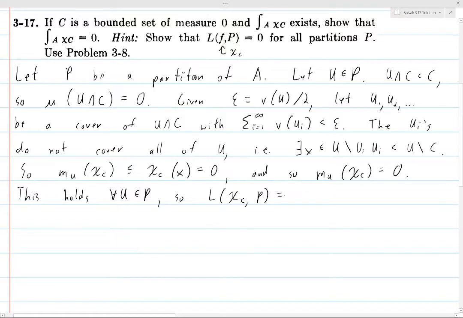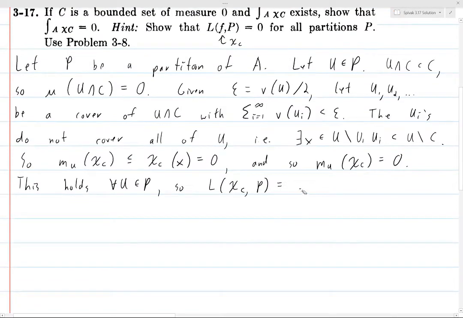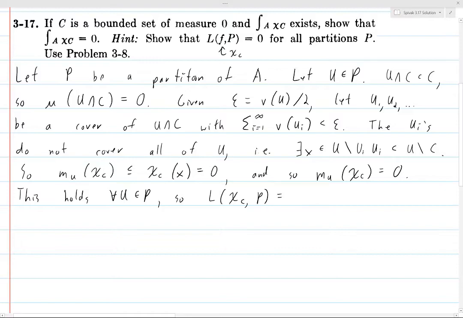So by definition, you take the sum over all elements in the partition of this infimum times the volume of U. And for every U in P, this mu of chi C is 0. So this entire sum is 0. So for any partition P, the lower sum is 0.